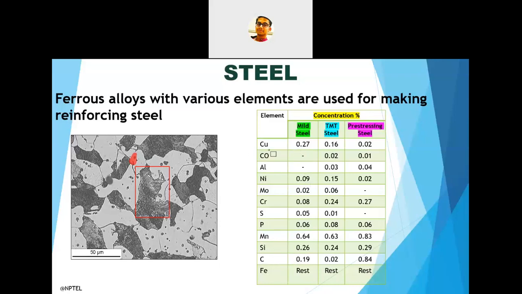They also contain different types of elements. Even though the amount of iron is quite high, they also have different elements or chemicals present in the steel, which may be the reason why corrosion happens.